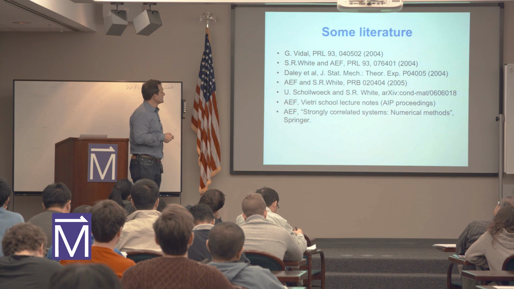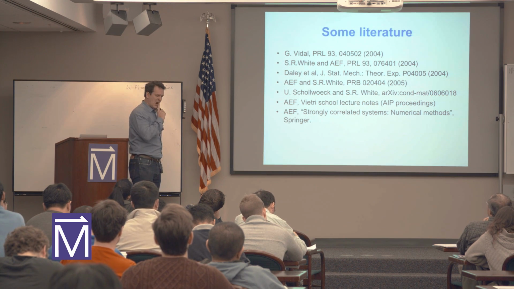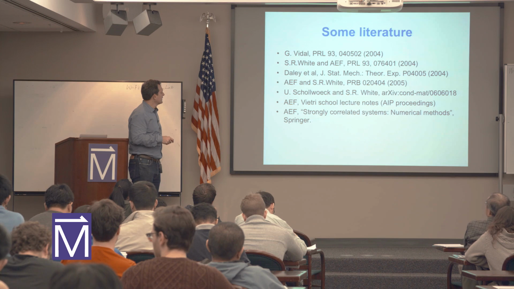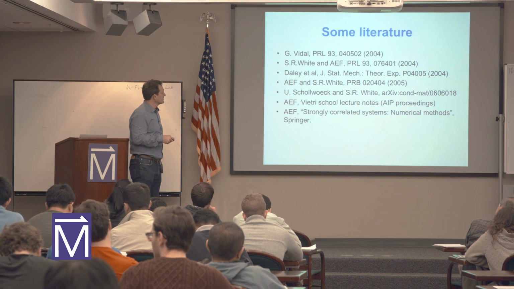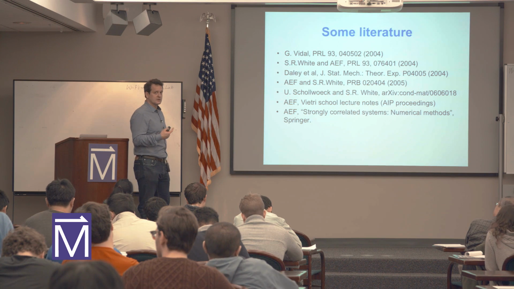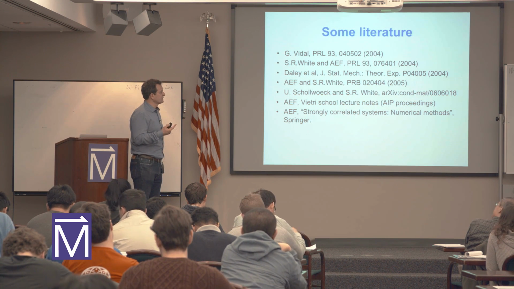But it turns out that, of course, these people were working on the problem at the same time, so we both published this paper simultaneously. Then we came up with ways to do it for systems that don't have a nice Suzuki-Trotter decomposition, like systems in 2 dimensions or with long-range interactions.